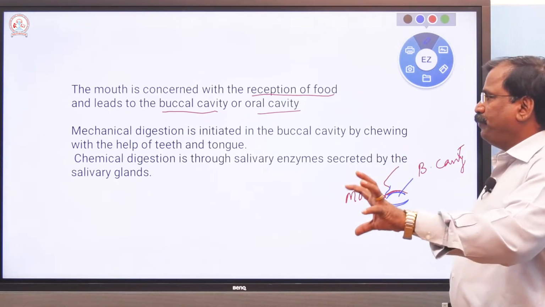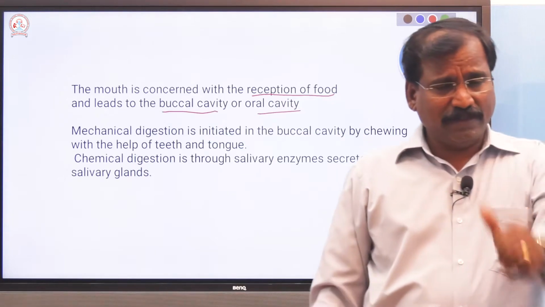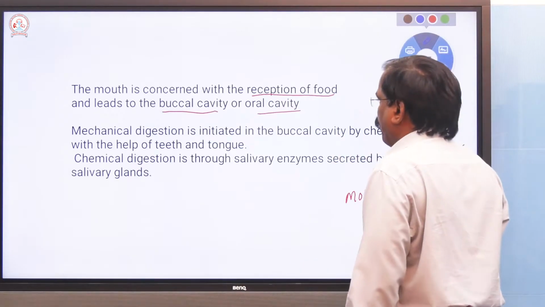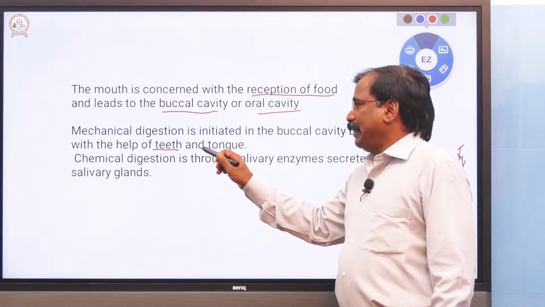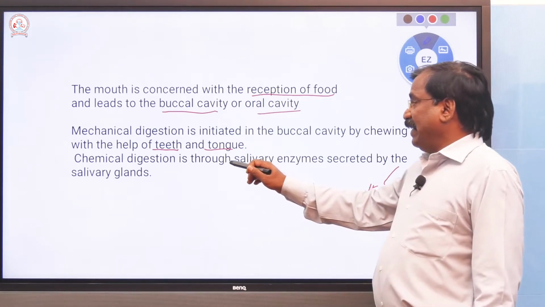What are the structures seen in the buccal cavity? It contains teeth, tongue, and also salivary glands.